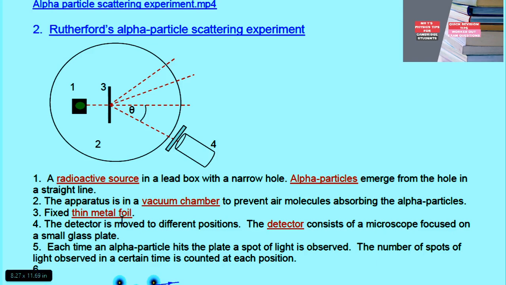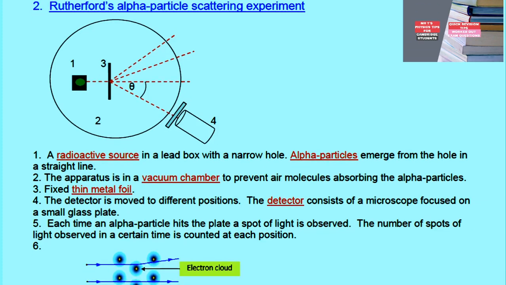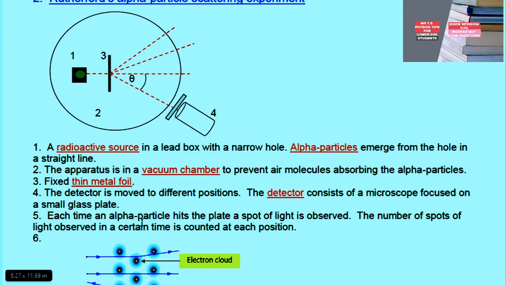That's a gold foil. The detector is moved to different positions. That's number 4 there. The detector consists of a microscope focused on a small glass plate. Each time an alpha particle hits the plate, a spot of light is observed. The number of spots of light observed in a certain time is counted at each position.